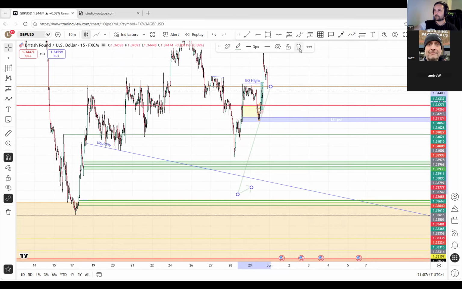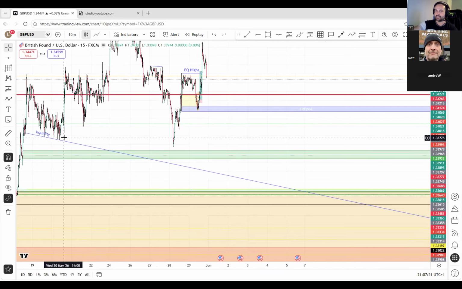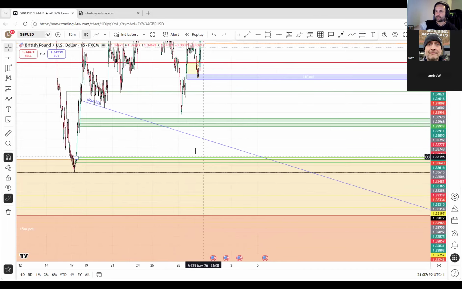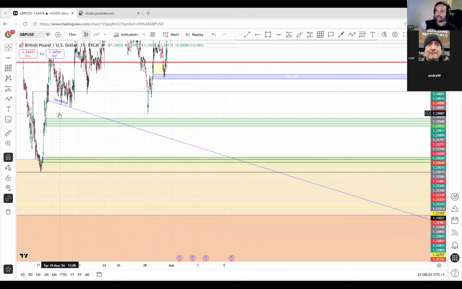If we think it wants to pass beyond liquidity, obviously it's extended here, so the longer this takes to get down, the more I'd be convinced. I'd delete anything off here.